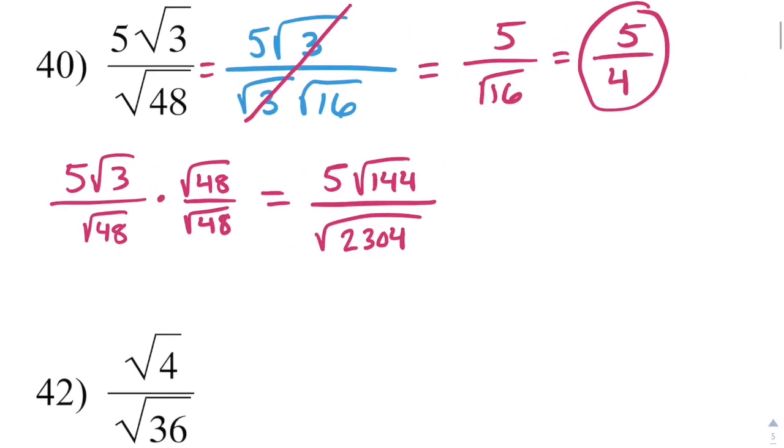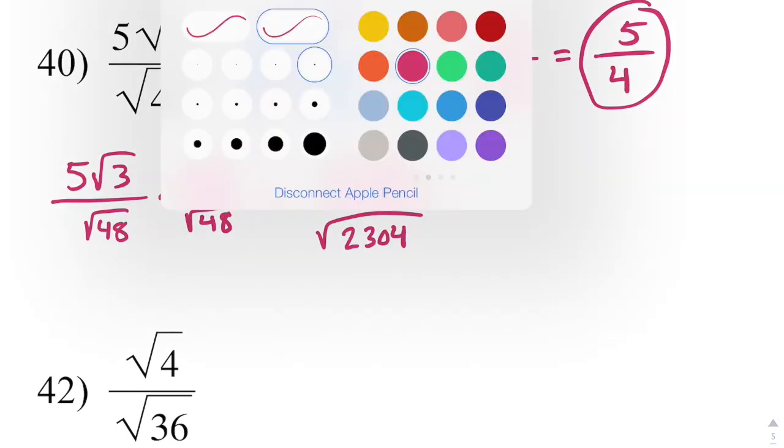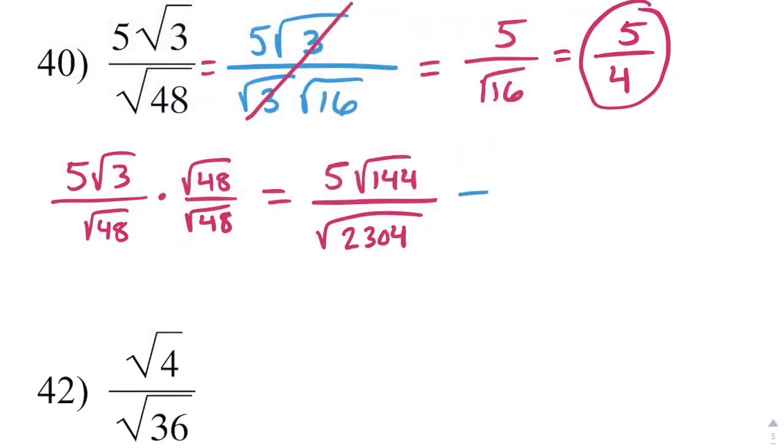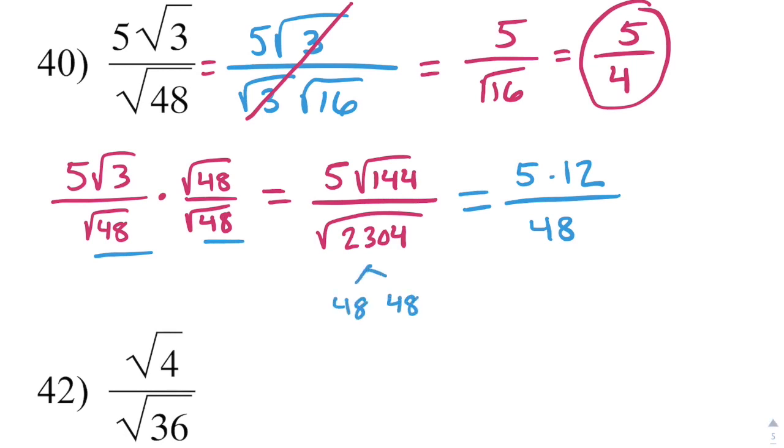I don't need any extra work to simplify it because the square root of 144 is 12, and the square root of 2,304 is going to be 48. I know this because 48 times 48 are the two factors that I multiplied together to get 2,304. So it's going to break down into 48 times 48 if I do my factor tree.